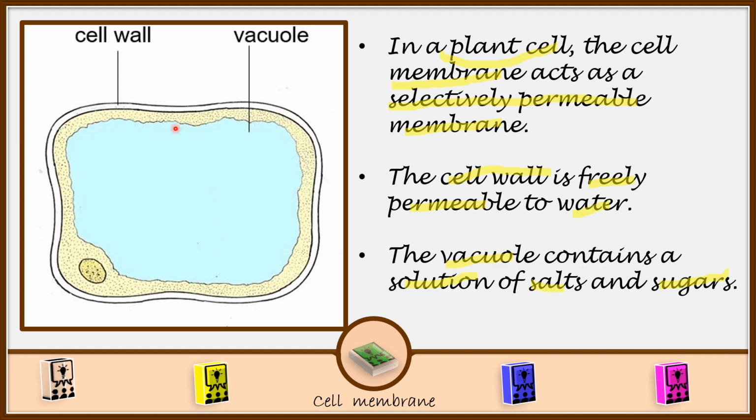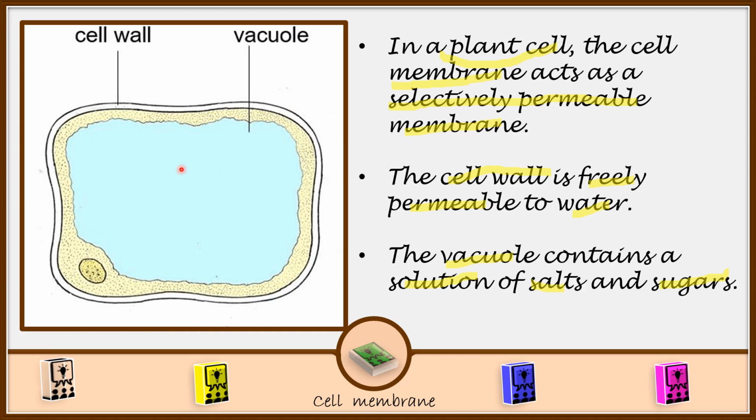So we have the plant cell. It has a cell wall outside and a cell membrane inside. But the cell membrane is selectively permeable, whereas the cell wall is freely permeable to water.